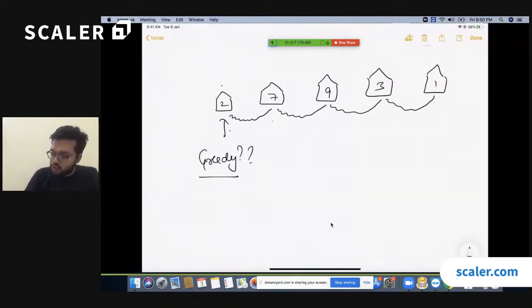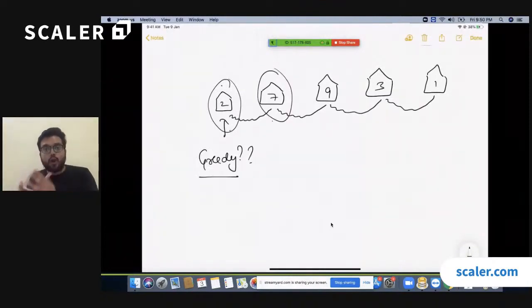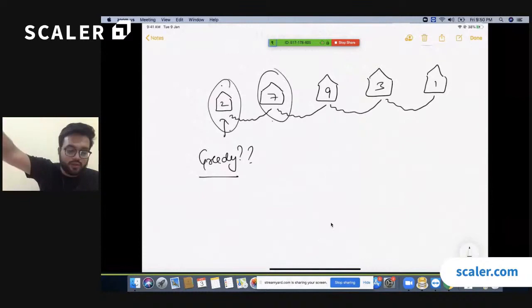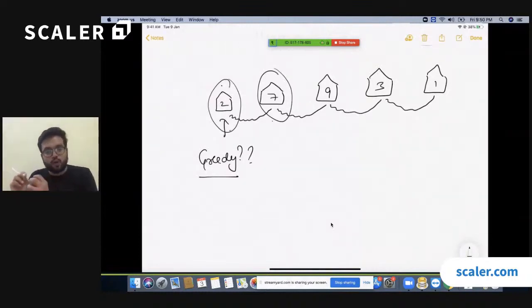Just by looking at this 2, you cannot make a decision whether to rob it or not. Similarly, just by looking at this 7, you cannot make a decision whether to rob it or not. So in problems where you have a choice and you cannot take any choice greedily without looking at what holds for you in the future, greedy solutions won't work. So here, greedy solutions won't work.